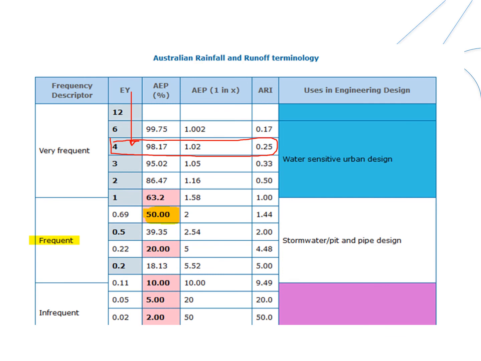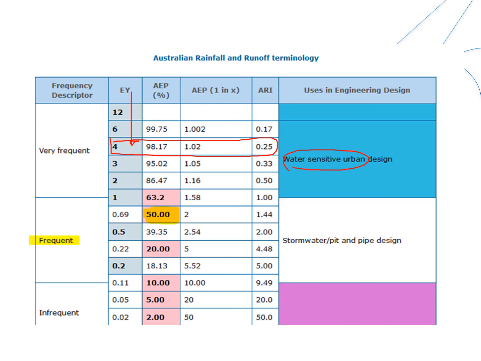So if you are going to design a water sensitive urban asset, then you use the streamflow value of 4 events per year. The streamflow can exceed that value 4 times a year, right? So you design your structure in a way that it will be flooded 4 times a year.